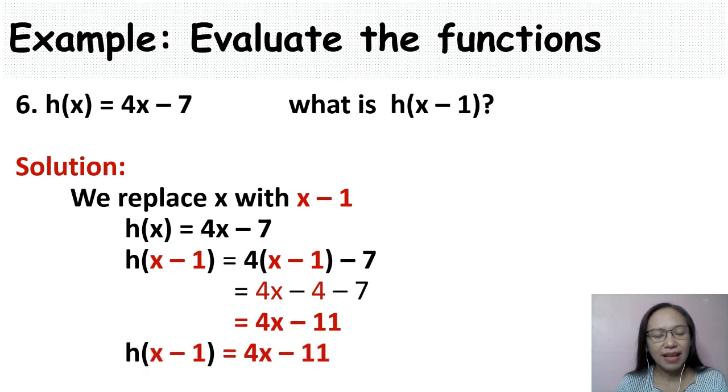That gives us h of x minus 1 is equal to 4x minus 11. Now, do not expect a constant value here, class, because what we have here is x minus 1. So we expect that we still have x in our final answer.